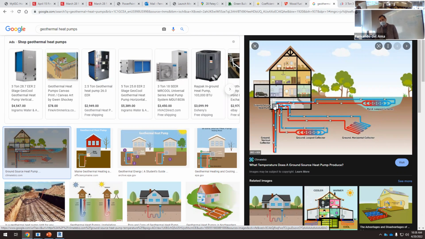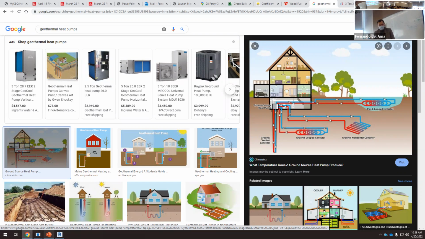We have to connect the geothermal pump to the pond, but it's not an open loop, it's a closed loop. So we just release the heat or take the heat from it. In winter, we need to take the heat from the pond. In summer, we need to release the heat to the pond. So that's what we are doing.